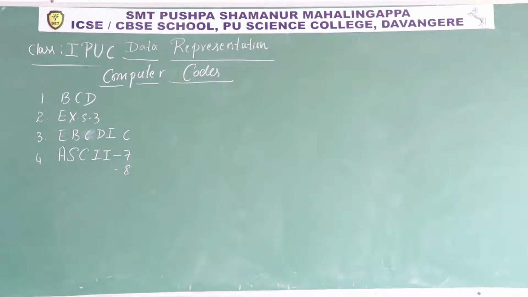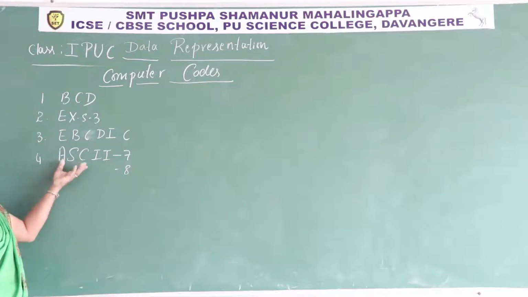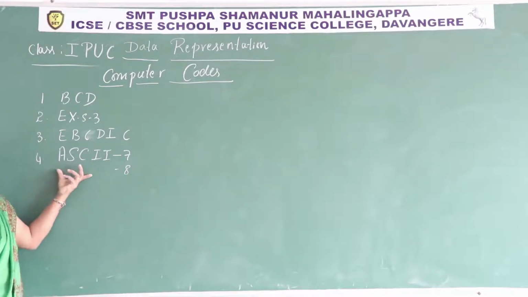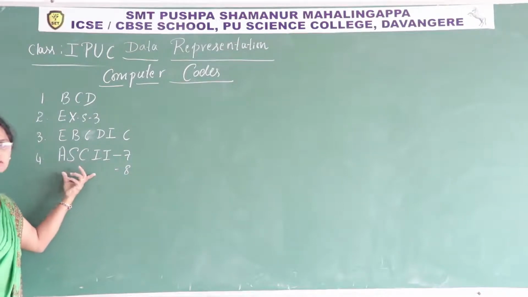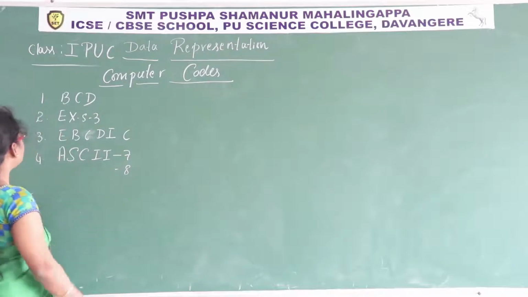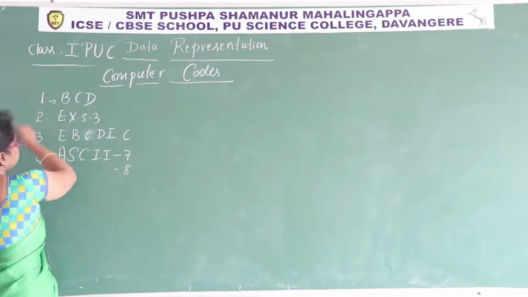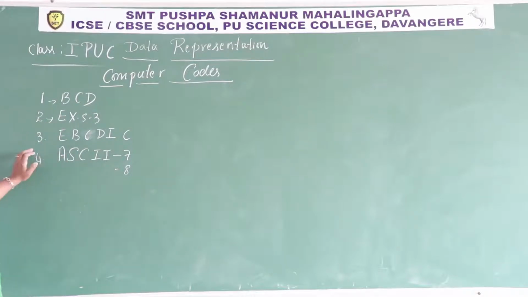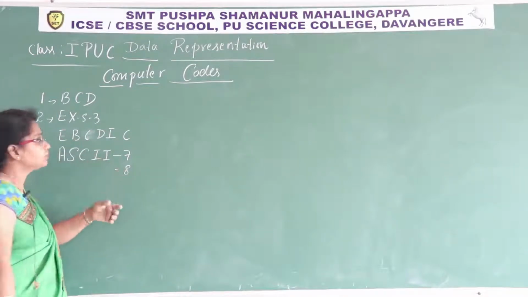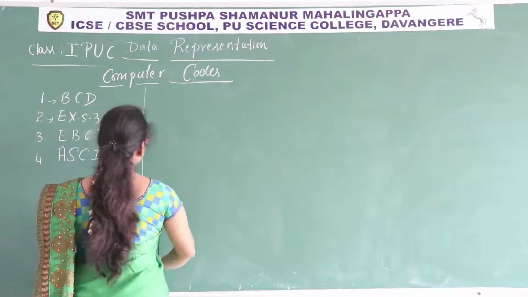So these are the different coding systems. The regular, commonly used keyboards have the ASCII 7 or ASCII 8 coding system. Initially some keyboards followed the BCD coding system, and XS3; depending on the application and the field, they used different coding systems. Let us understand one by one.